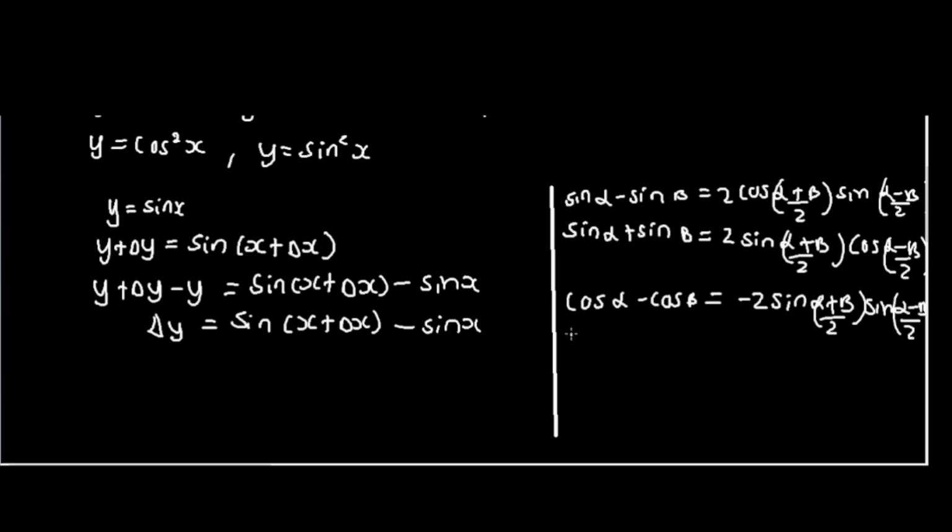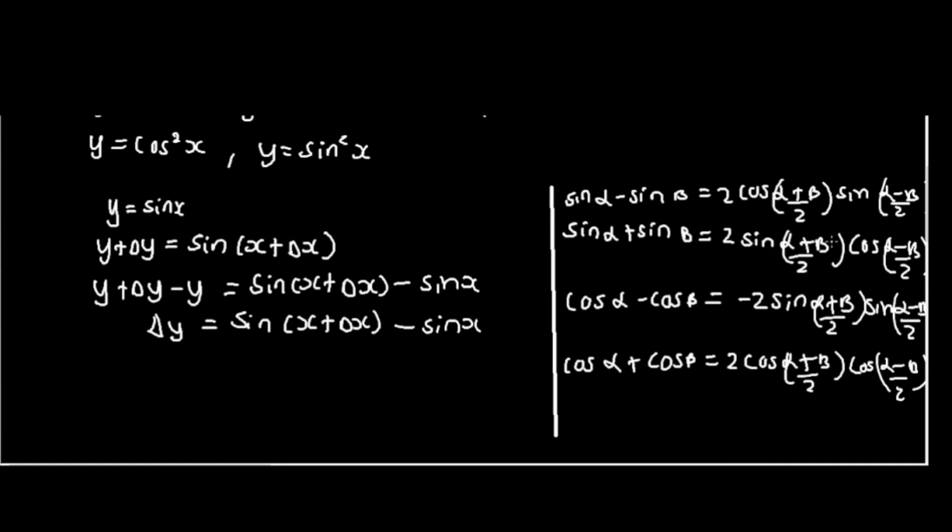And lastly cos alpha plus cos beta gives us 2 cos of (alpha plus beta) divided by 2, then cos of (alpha minus beta) divided by 2. This is what we refer to as factor formulae, and it's what we are going to be using when it comes to differentiation of trigonometric functions from first principles.